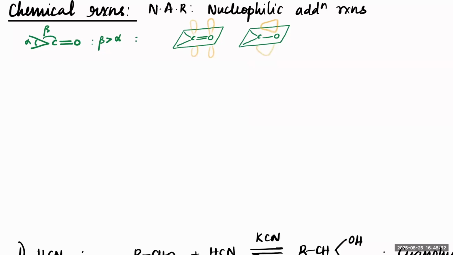This suggests that most of the electron density is towards the oxygen end, which leaves carbon with a high delta positive charge, and oxygen with a high delta negative charge.